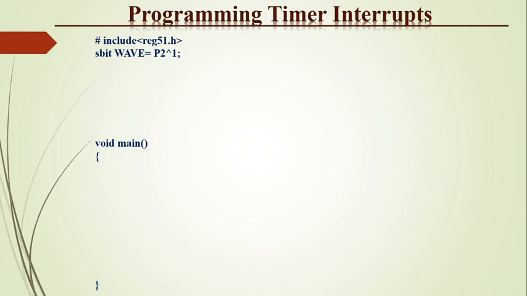Here is the main program where we have to initialize the timer, then enable the interrupts. Here we are making port 0 an input port using the instruction P0 = 0xFF. Then we are loading the value 0x02 into the TMOD register to select timer 0 in mode 2.